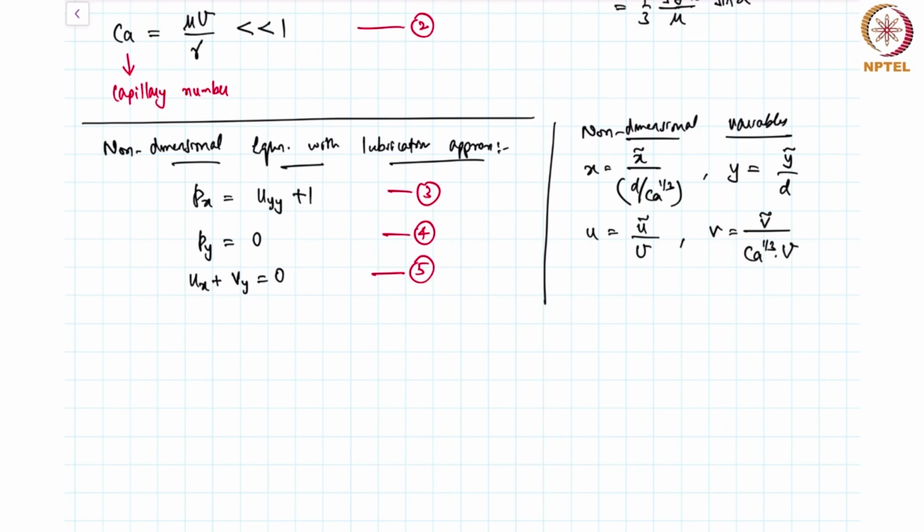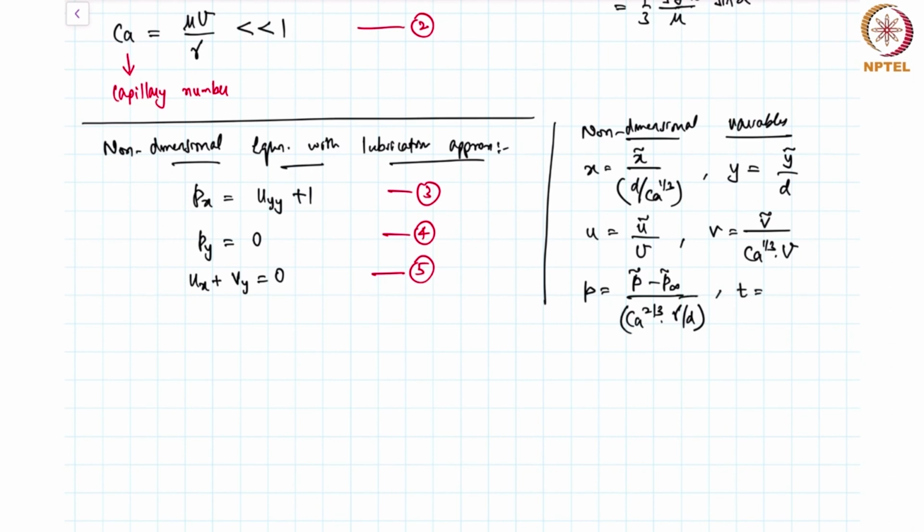And the pressure is taken to be the pressure inside the film minus the dimensional outside pressure, divided by capillary number power 2 by 3 times the scale for pressure, that is gamma by d, where gamma is the surface tension.